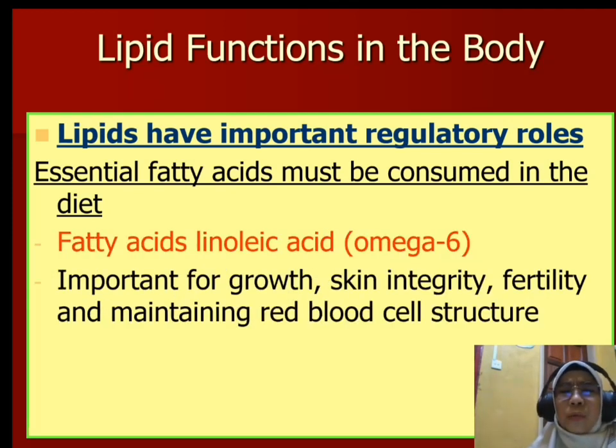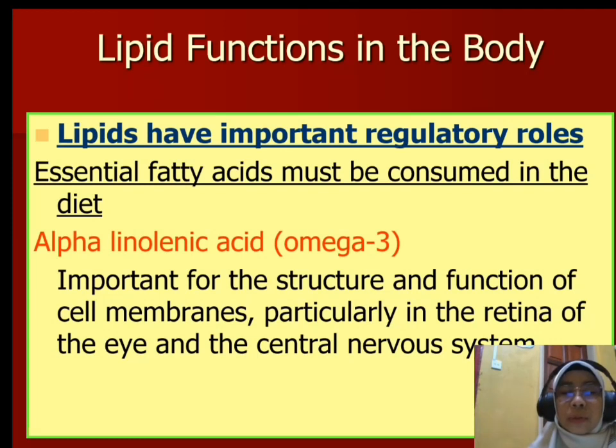Okay, why? Because they are important for growth, skin integrity, fertility, and maintaining blood cell structure. And important also for the structure and function of cell membranes, particularly in the retina of the eye and central nervous system.